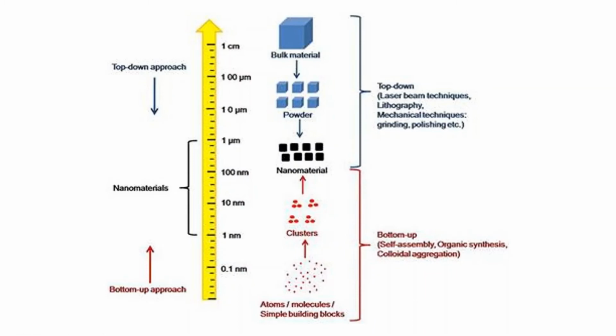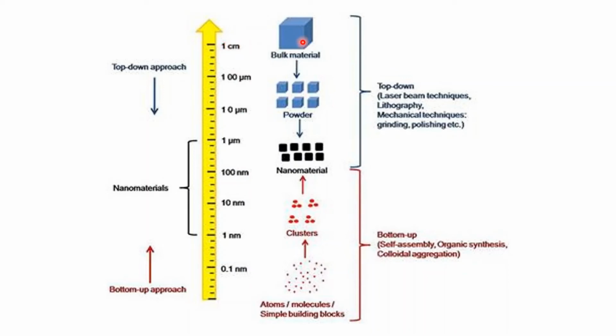In this picture you can get an idea of the different sizes. In the top down approach, you are starting with the bulk material, the bulk metal, which is around 1 centimeter in size.